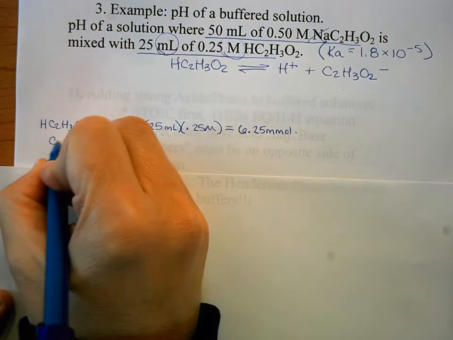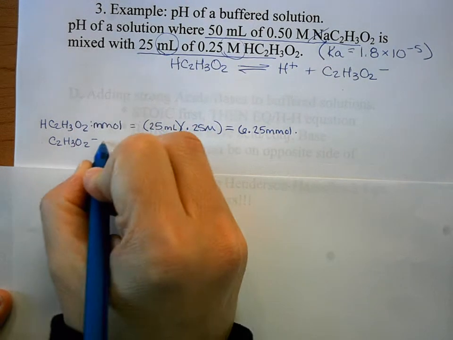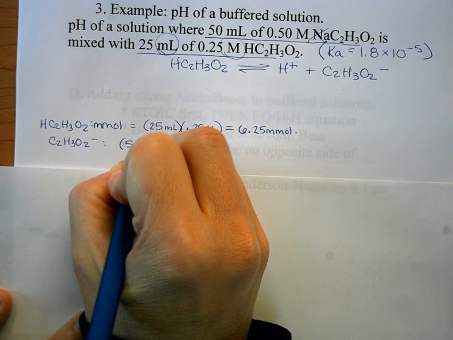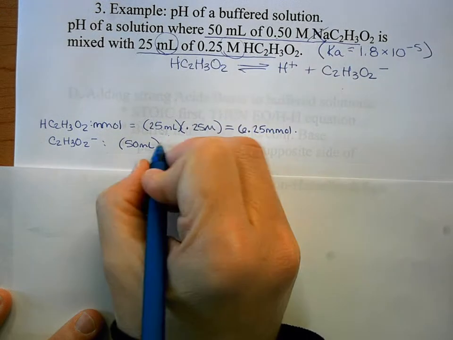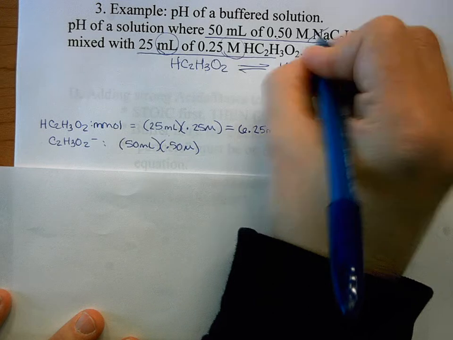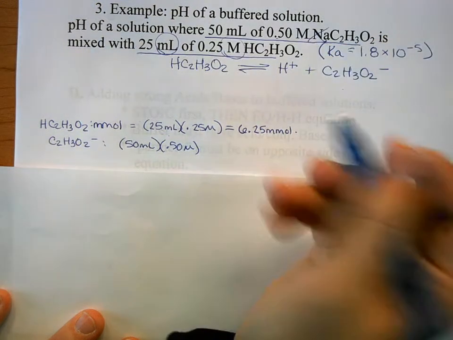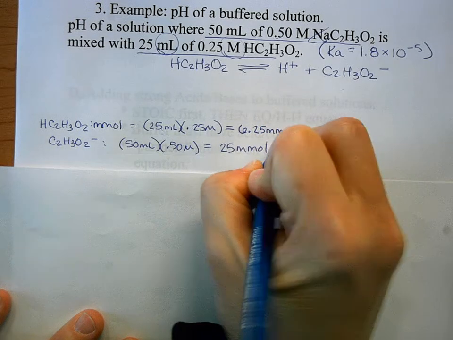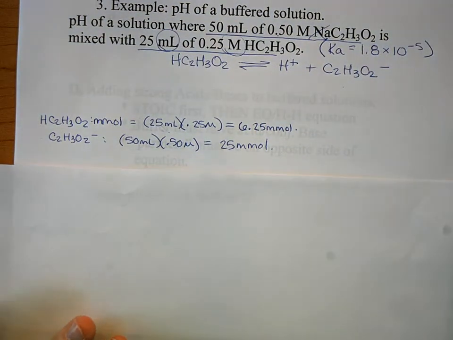Now for the acetate ion, I take 50 milliliters multiplied by the concentration, 0.5, because I can take that 0.5 as my concentration of acetate ions, since this is an ionic salt, so it's going to completely dissociate. 50 times 0.5 gives me 25 millimoles of acetate ion. Now I want concentration so that I can work with equilibrium and my ice table and all that.